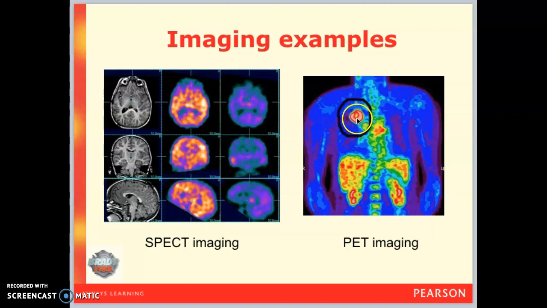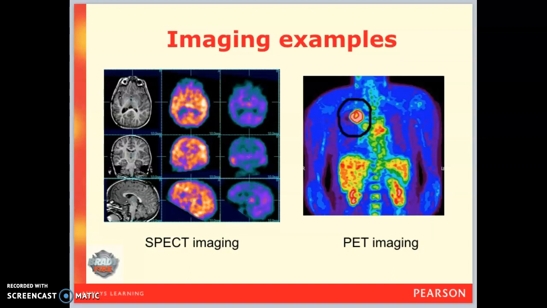And so PET imaging was able to predict that because we had an abundance of tissue here where we weren't expecting it. And so the radioactive isotope was able to light up this aspect of the image, and the radiologist was able to find it and start to think about treatment.